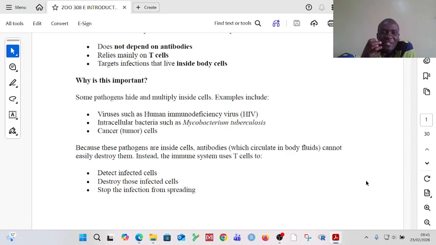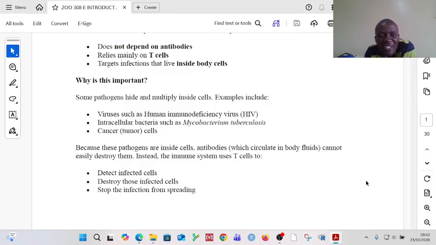So to deal with this, the immune system employs a different mechanism. In this case, the T cells. It uses the T cells to detect these infected cells, and then after detecting them, it destroys those cells. It has to detect first so that it does not destroy what is not infected.